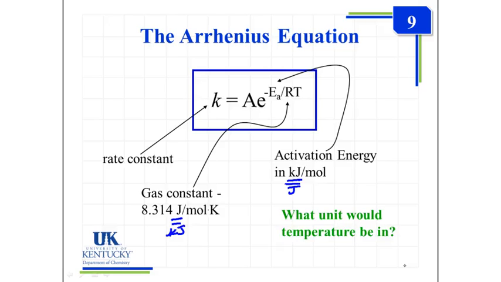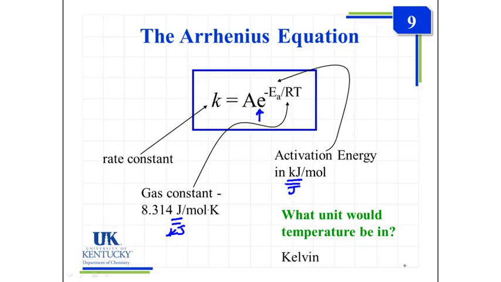Okay, if we're talking about units, what will the units of temperature have to be in? Well, as a hint, look over there at the gas constant. What's the unit of temperature in it? Well, it's Kelvin. So you better put your temperature in Kelvin or this equation will not work. So we've got our K, our activation energy, our R, our T. This E has the exponent, the inverse of the natural log.